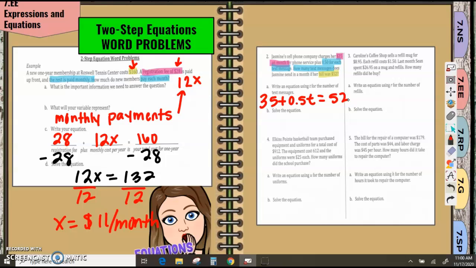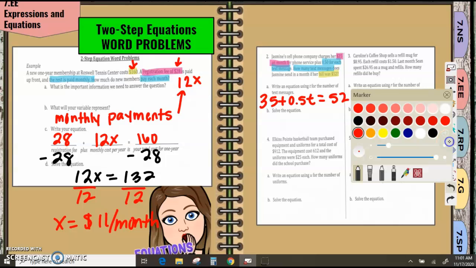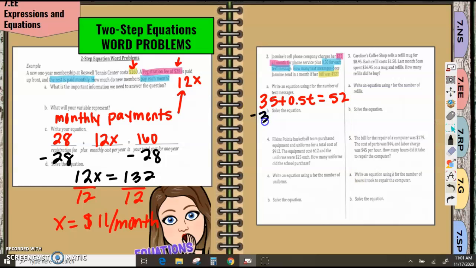So now to solve this, I'm going to subtract that 35 from the 52 because I know that 35 is what's going to just her monthly bill, right? So I'm subtracting 35, and 5/10 times T, or 50 cents per text message, equals 17.